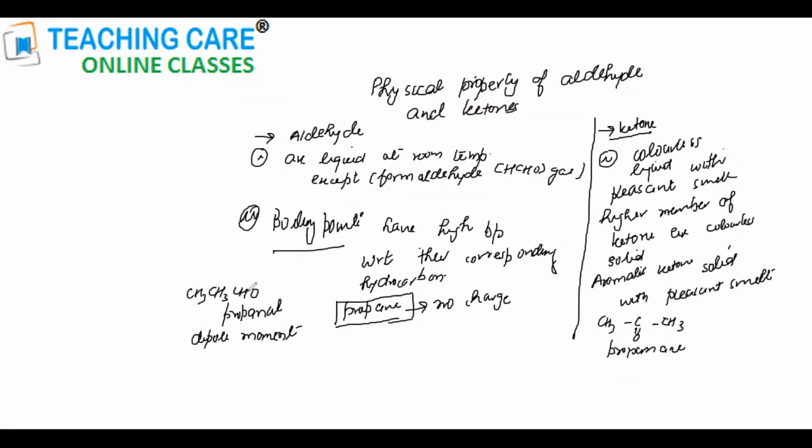Due to the presence of dipole moment in aldehyde and ketone, there is a strong force of attraction between them. So it is very difficult to boil them, because in boiling the attractions are broken.